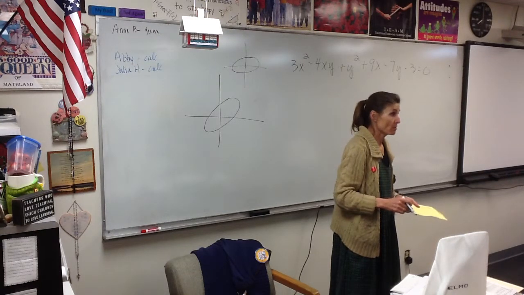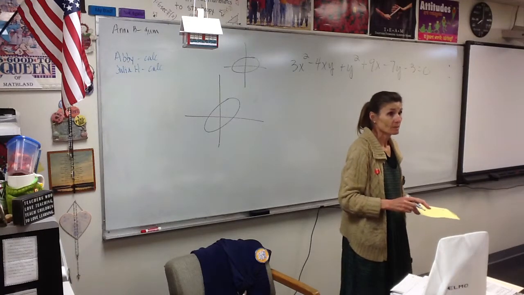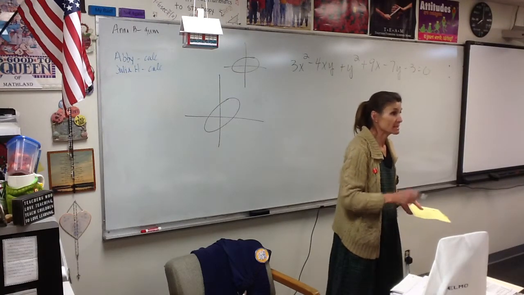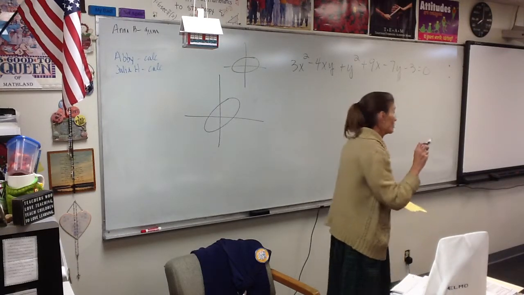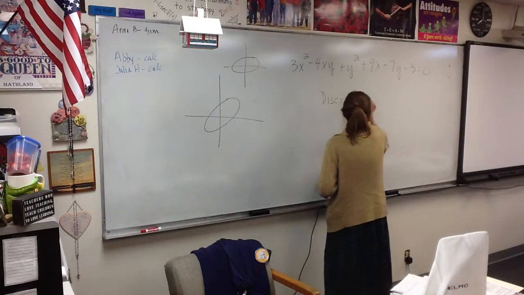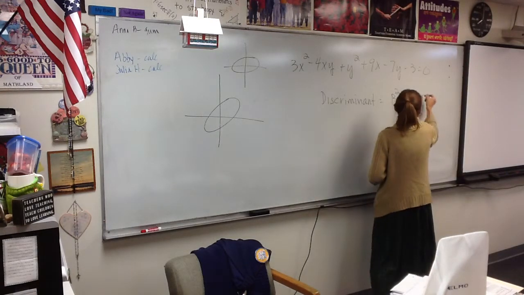B squared minus 4ac. Remember your quadratic formula? Negative b plus or minus the square root of b squared minus 4ac all over 2a? Yeah. It's the part under the radical. The discriminant is b squared minus 4ac.